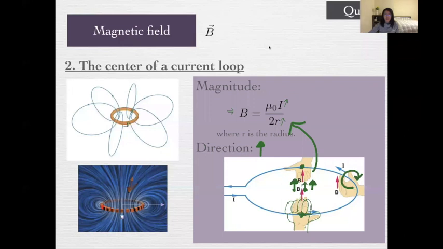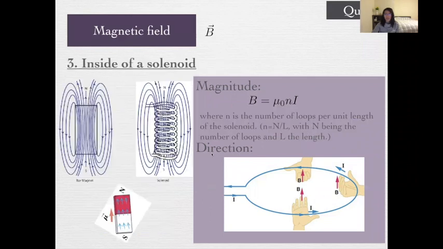And then you can use the same idea. Imagine now I have a lot of loops. If I have so many loops, so dense, that it will just behave like a magnet. Remember we did a simulation in the video about this solenoid, this shape of current.